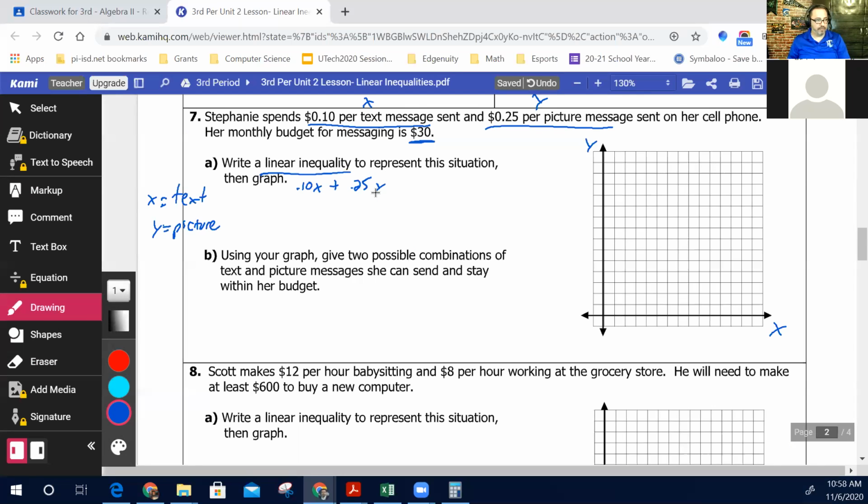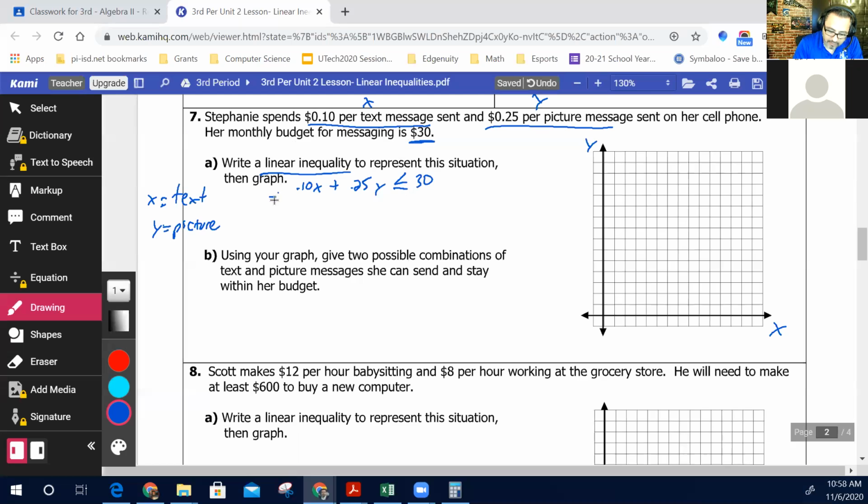Can it be below 30? Heck yeah. She'd want to save as much money as she can, but this is in reference to the inequality symbol. So she needs to spend less than or at most $30, right? So the inequality becomes less than or equal to. Okay. So let's go ahead and solve for y so that we can find the y-intercept.